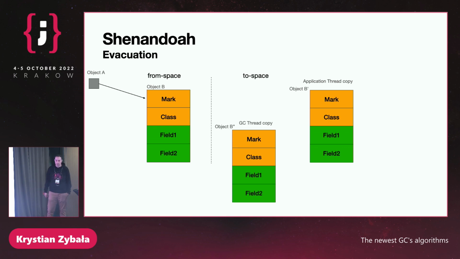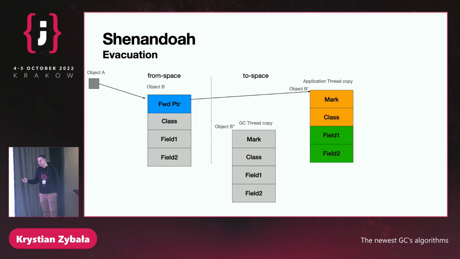What does it mean? It means that the GC thread can also make the copy, and we have some waste. It's okay, but in this scenario, one of the threads wins this race. This means that, for example, in this scenario, the application thread atomically updates the forward pointer to the to-space copy, and in this scenario, the GC thread decides that it lost the race, removes its copy, and the application copy wins.